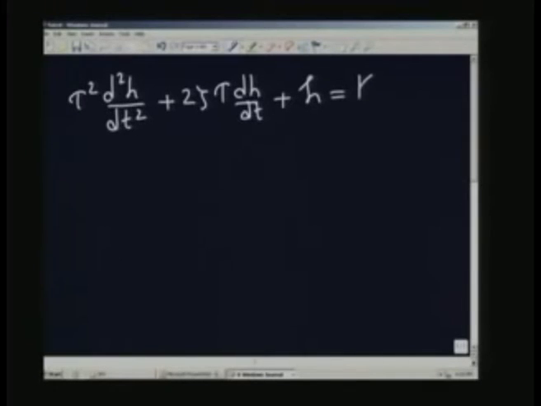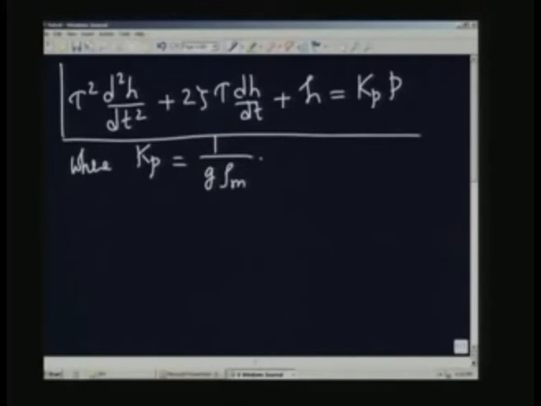I will write it as k p multiplied by p, where k p is nothing but 1 over rho g m. So, this is the final form of the equation.